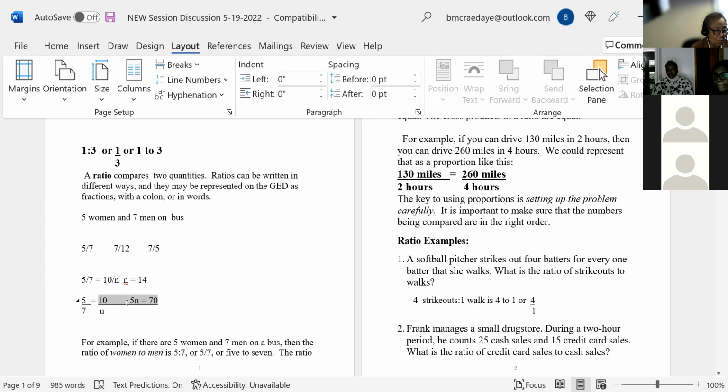Albert, n has to be what? 5 times what number gives 70? What number times 5 gives 70? What number multiplied by 5 gives 70?